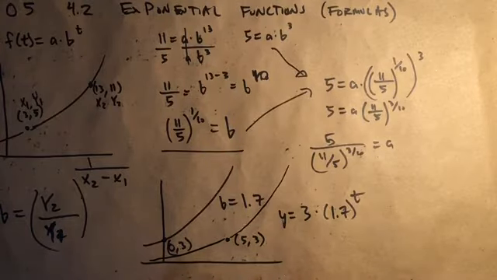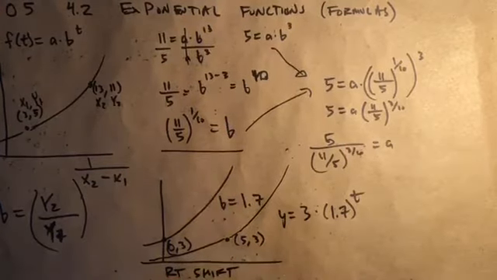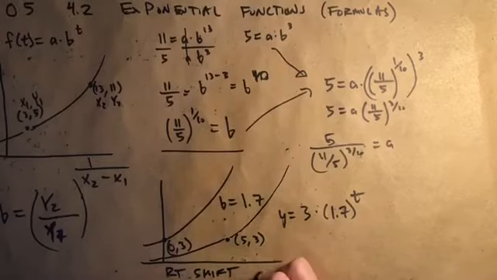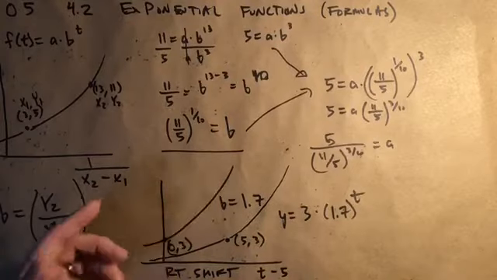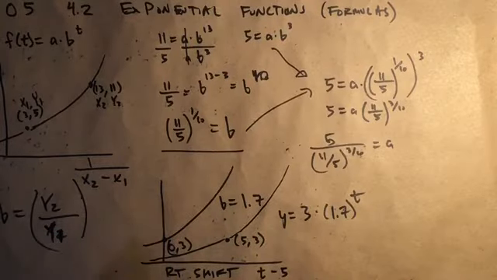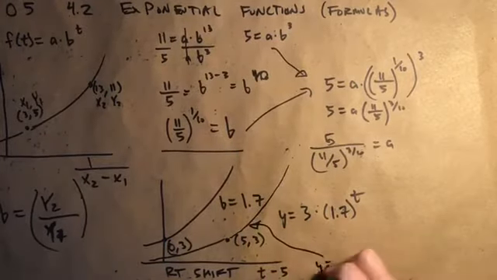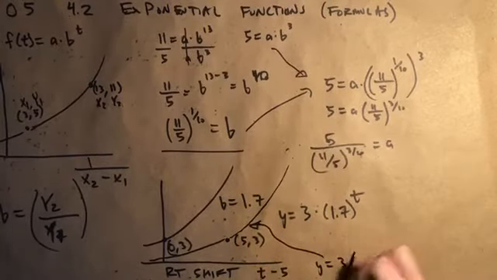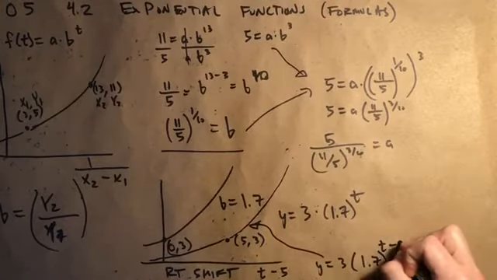And so we know that making the right shift, we're not going to use just t as my argument. We're going to have t minus 5 to make a right shift of 5 units. And so, sure, my original equation was 3 times 1.7 raised to the t, but this equation right there is going to be y is equal to 3 times 1.7 raised to the t minus 5.